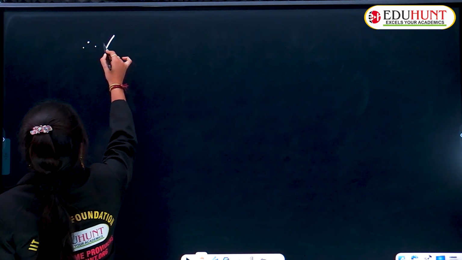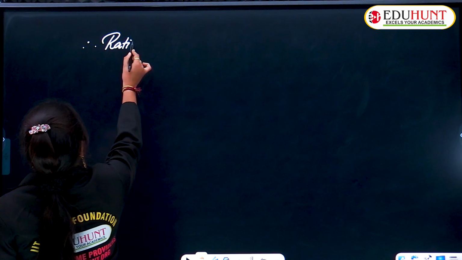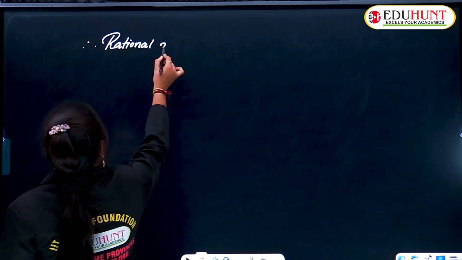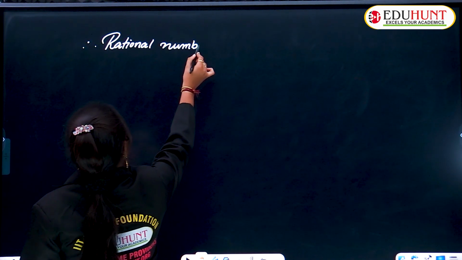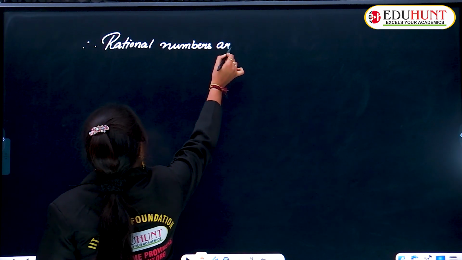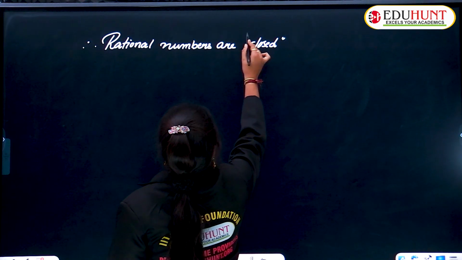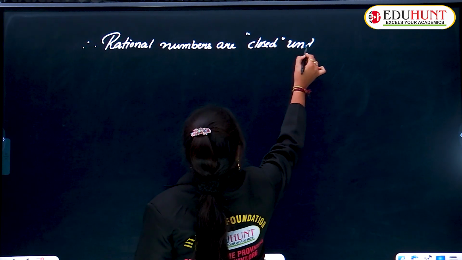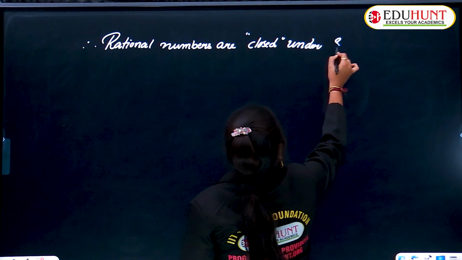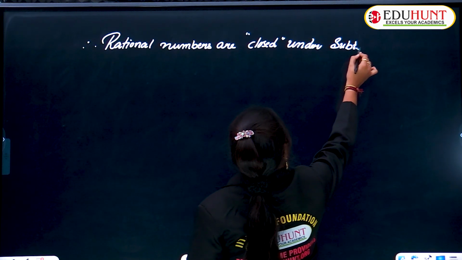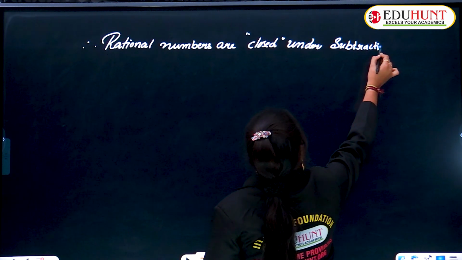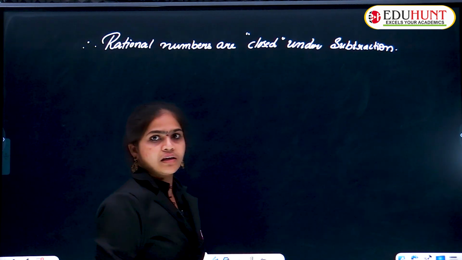Therefore, rational numbers are closed under addition, and closed under subtraction also. Closed under subtraction. Clear?